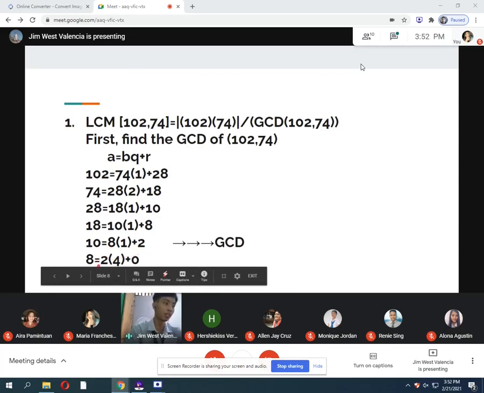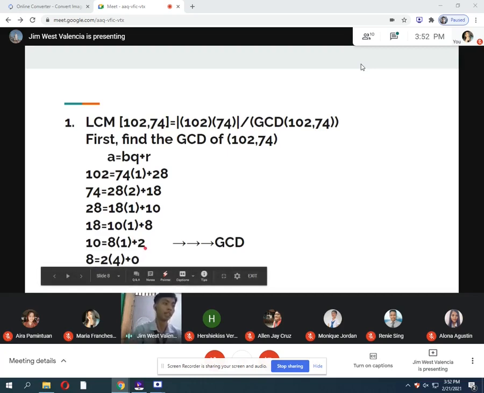So, A is equals to 2. 8 divided by 2 is 4. Ito yung quotient natin. And our remainder is now 0. Sabi natin sa last discussion, ang magiging GCD daw ng dalawang number ay ang remainder bago mag-0. Tama po ba? So, in this case, the GCD of 102 and 74 is 2.